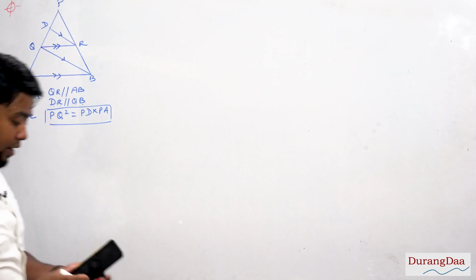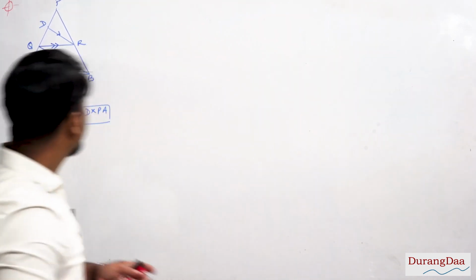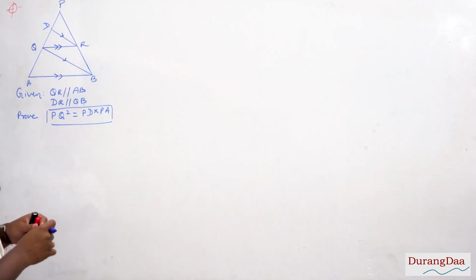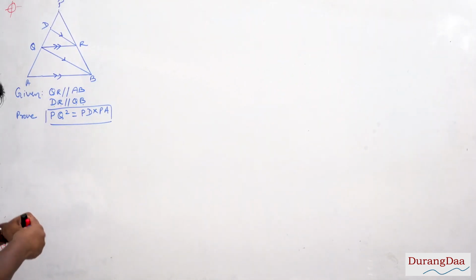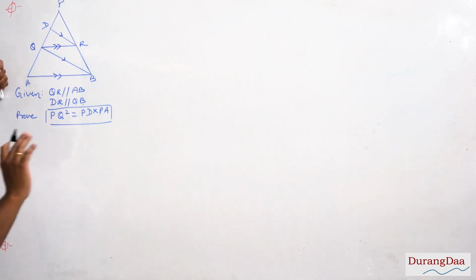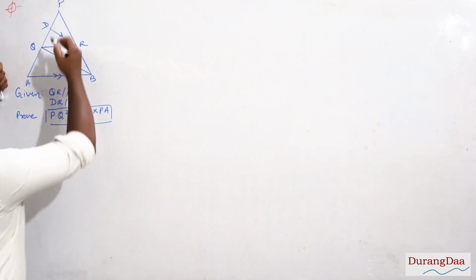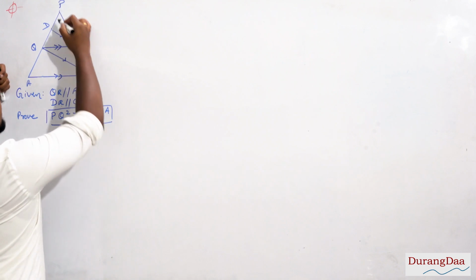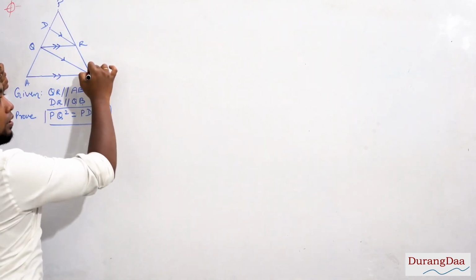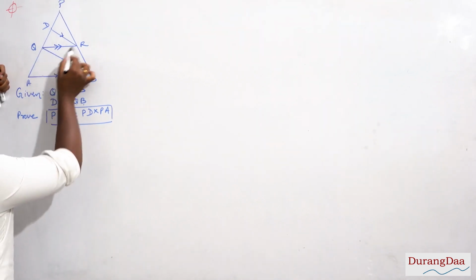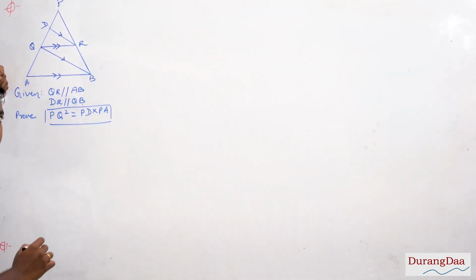Now this is really a confusing one because there are so many triangles and it is very difficult to select the correct one. So I am going to show you three pairs of triangles which can be proved similar. First, triangle PQR and triangle PAB can be proved similar because they have QR and AB as parallel lines.